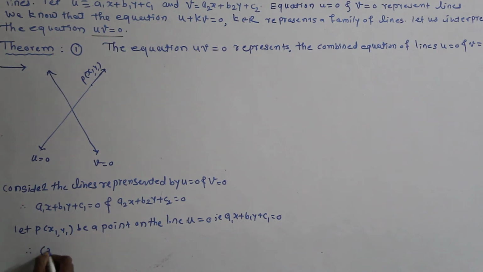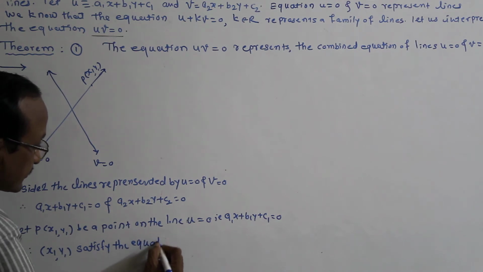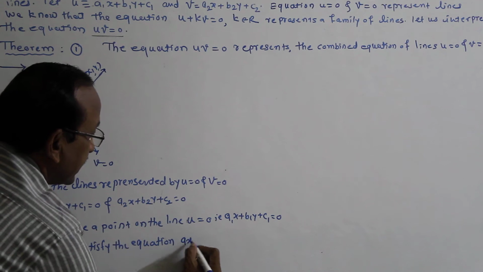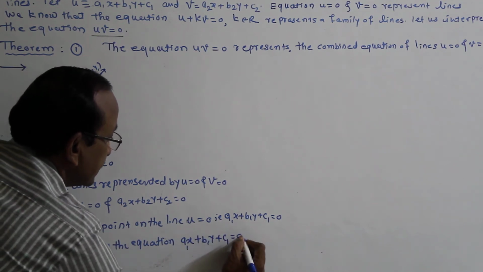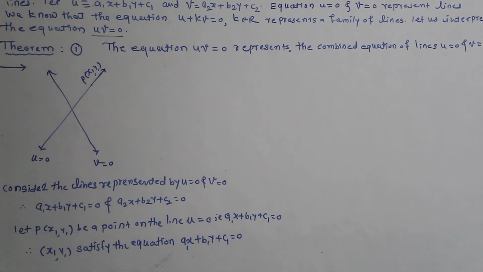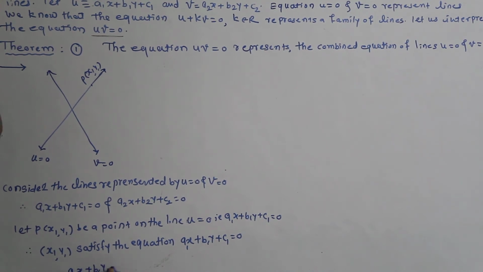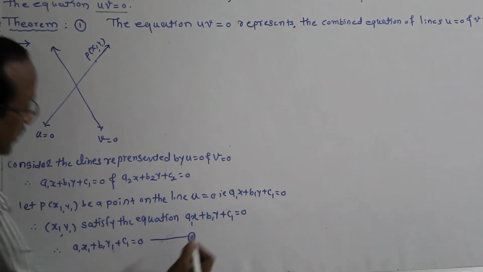Therefore the point (x1, y1) satisfies the equation a1x plus b1y plus c1 equals 0. So therefore a1x1 plus b1y1 plus c1 equals 0. So this is equation number 1.